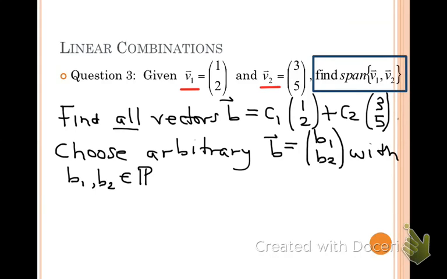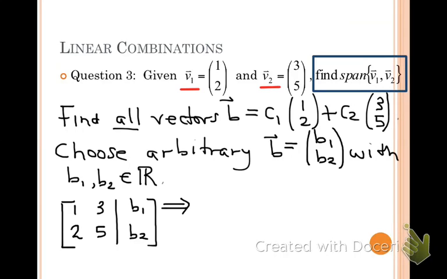So we'll say they're an element of the real numbers. The augmented matrix that represents that vector equation or that linear system looks like the following. So v1 is the first column, v2 is the second column, and then the constant column are just the arbitrary values b1 and b2.